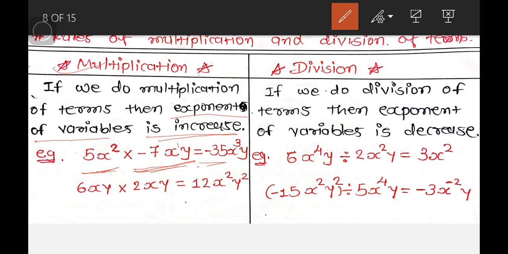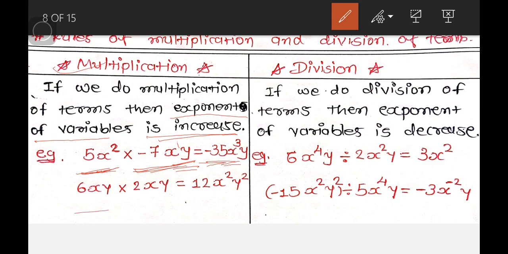Then we add both powers: 2 plus 1 is equal to 3. So we put x raised to 3, and there is no y in the first term, so we keep y as it is. Then we get the answer minus 35x cube y.